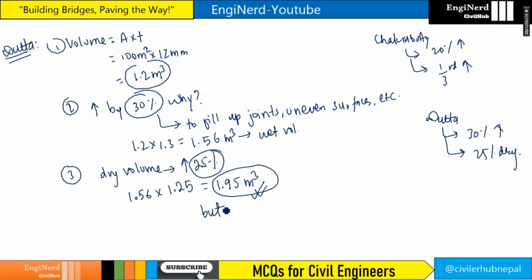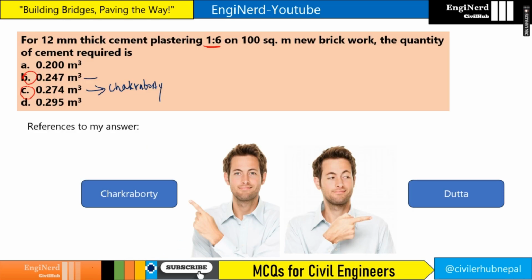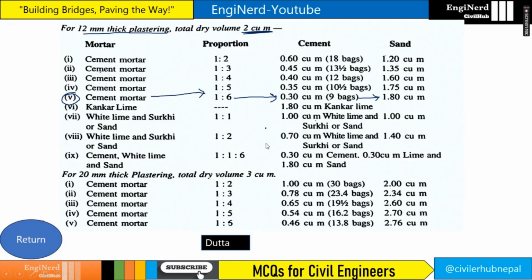But if we see here, what did Datta write? 2 meter cube, right? So dry volume is 2 meter cube.